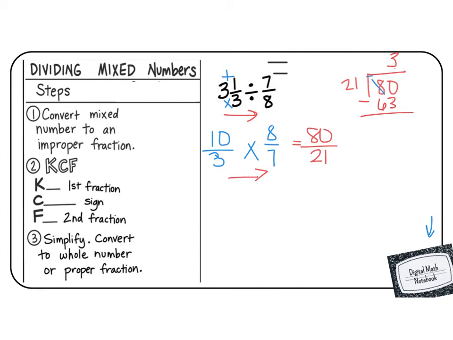So this becomes a 7 and a 10. 10 minus 3 is 7, and 7 minus 6 is 1. So that means that it goes in 3 whole times and 17/21. And 17 and 21 don't have any numbers in common, so we are all done.